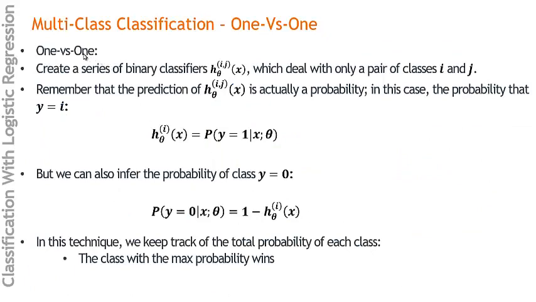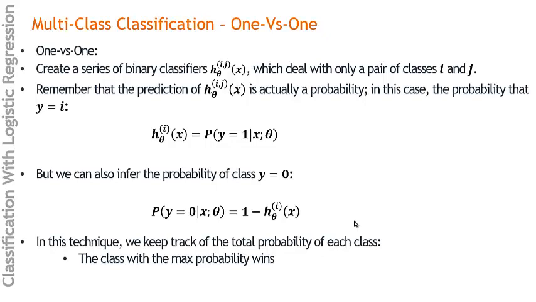So to summarize the procedure, create a series of binary classifiers. That is, take each pair of classes that are involved. Now, if you have, say, 5 classes, that means you're going to have 10 different pairs. So this way of classification involves developing many more classifiers than one versus many. Now, each one of these binary classifiers is going to give me a probability.